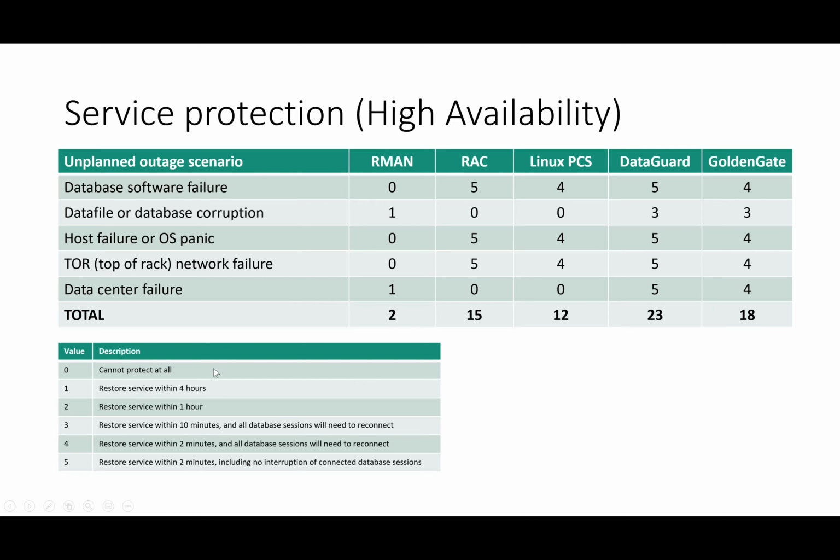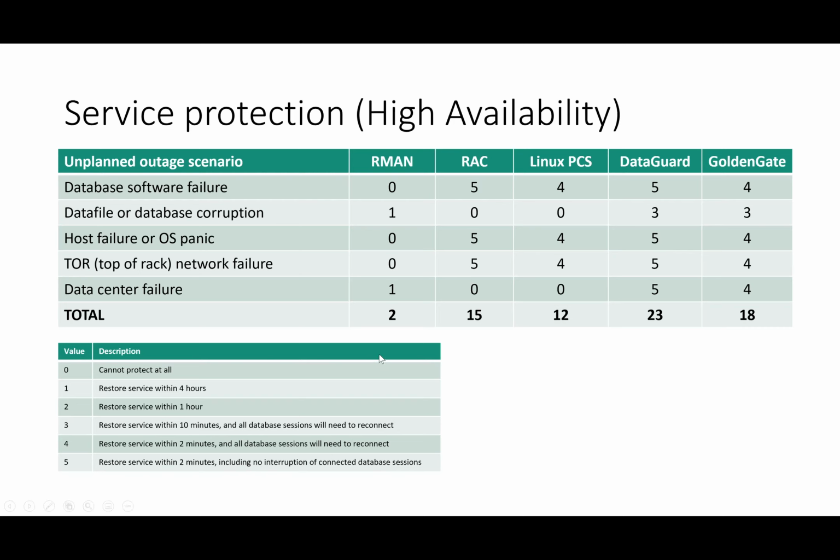In this case, I have a legend that's based on RTO. In other words, 0 means it can't do any protection at all. 1 means it can restore service within 4 hours. 2 means within 1 hour. 3 within 10 minutes. 4 within 2 minutes, but database sessions will need to reconnect. And then 5, the highest rating, means that it can restore service within a couple minutes, including seamless application failover.